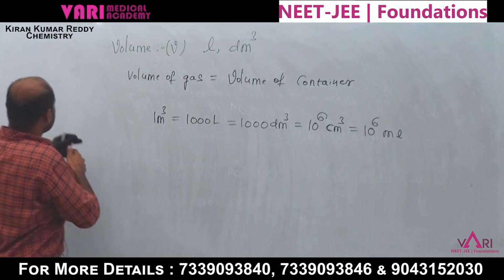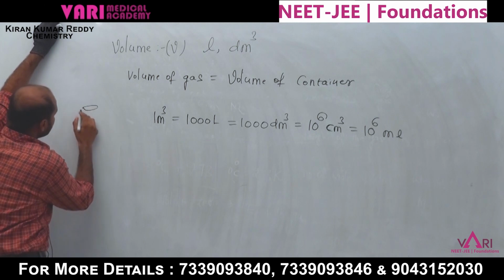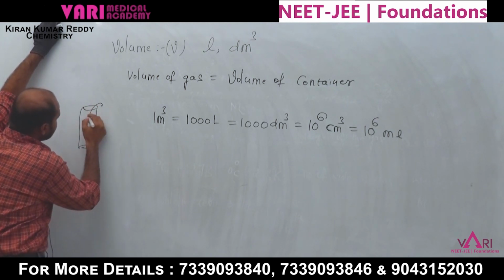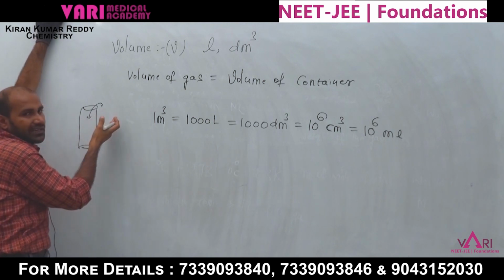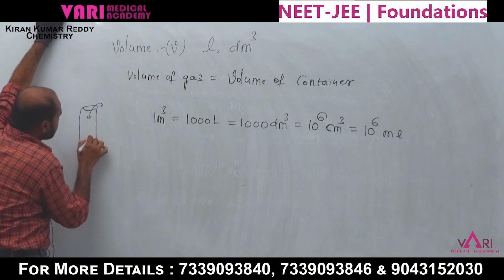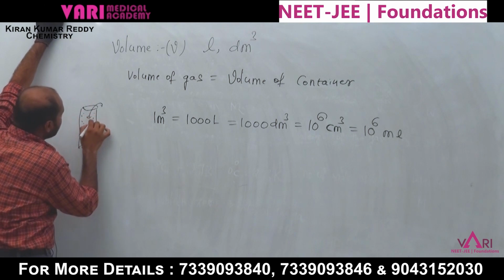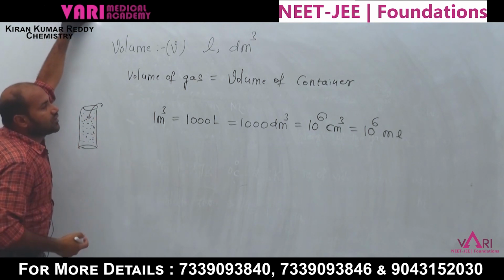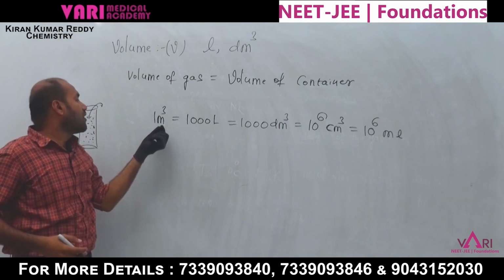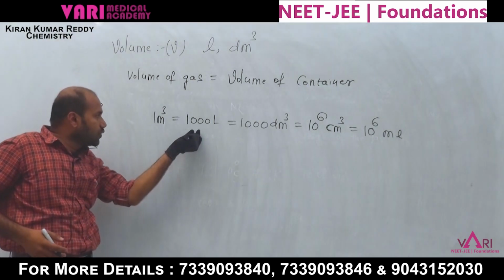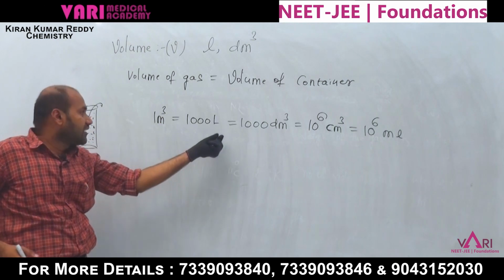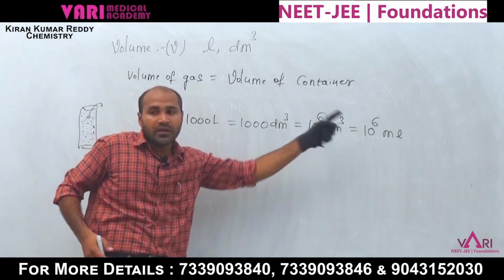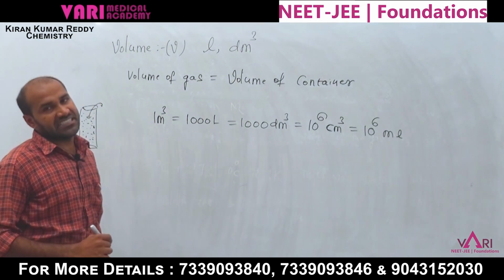If you take any container, like this one I am taking, and release any gas, any perfume, the gas particles spread all over the vessel. This is the volume of gas equal to volume of container. 1 meter cube is equal to 1000 liters, 1000 decimeter cube, 10^6 centimeter cube, 10^6 milliliter.